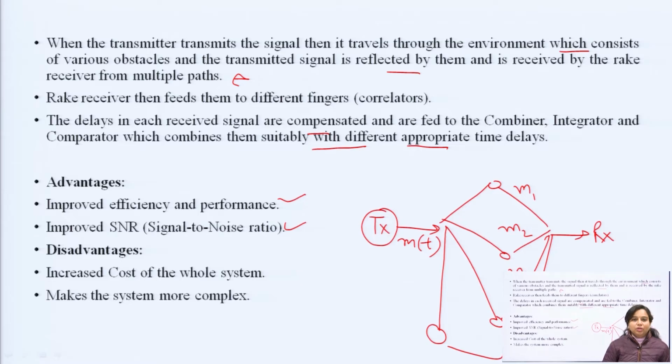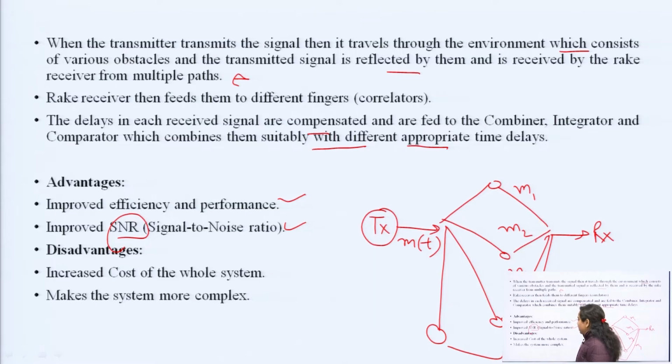Noise mostly affects the channel, that is additive white Gaussian noise, and there are also different phenomena like atmospheric propagation. These also affect the quality of the signal and act as noise. So, that is also a case where we can reduce that noise and increase the signal to noise ratio with the use of this rake receiver.